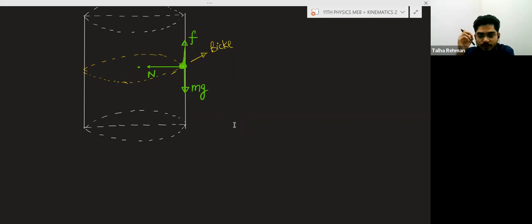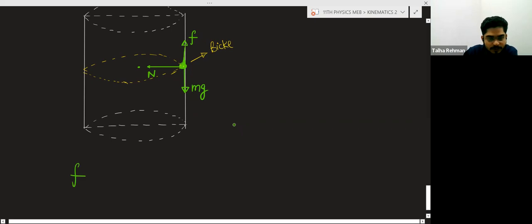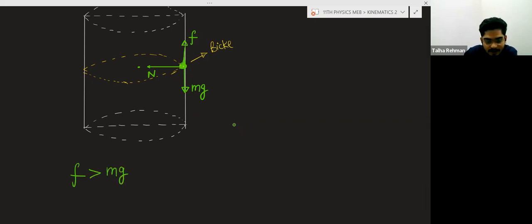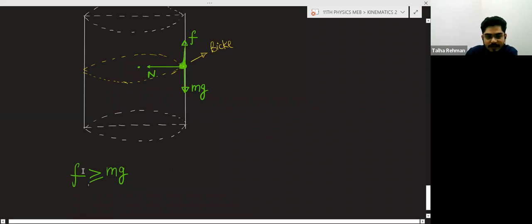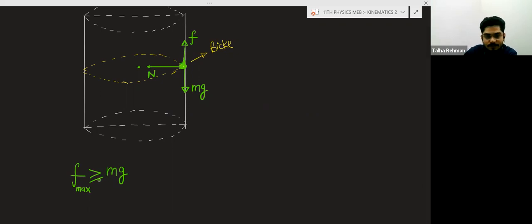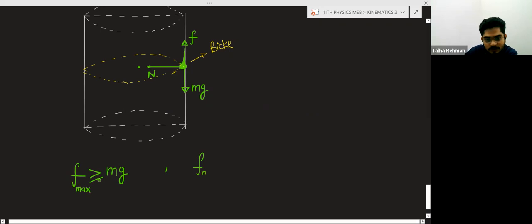Now for the biker not to skid, this friction force must be either greater than mg or equal to mg. Or we can say the maximum value of the friction force must be greater than or equal to mg. And what is the maximum value of the friction force?